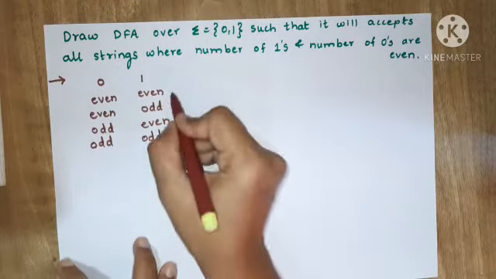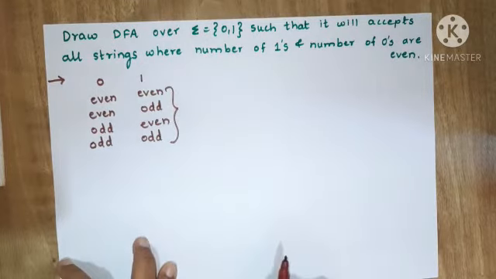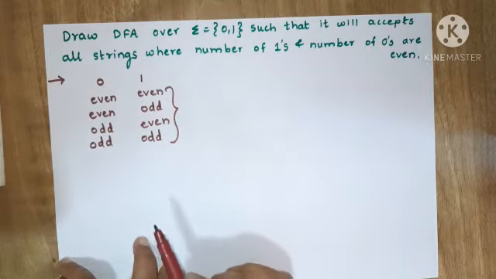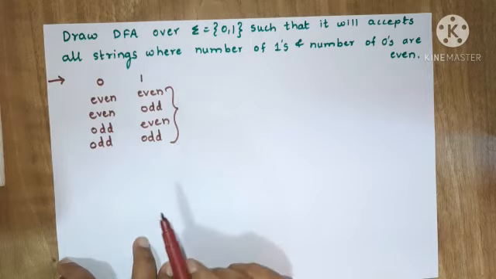So these are the only 4 possibilities in our strings.